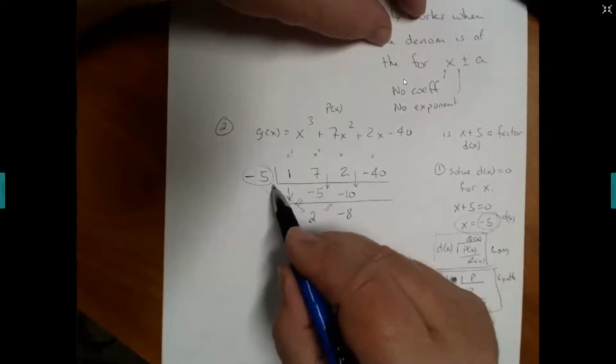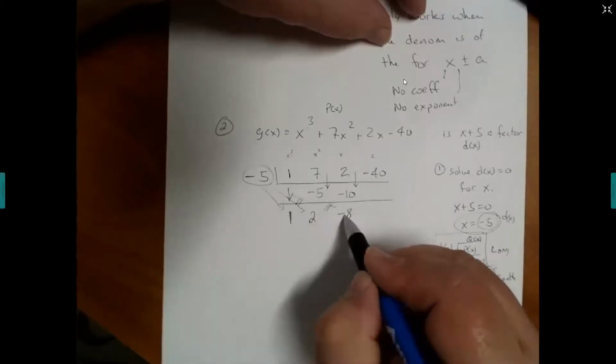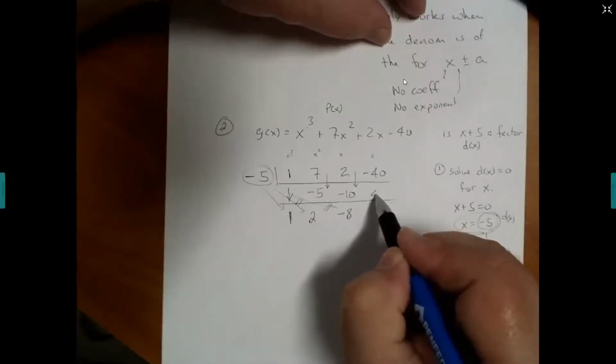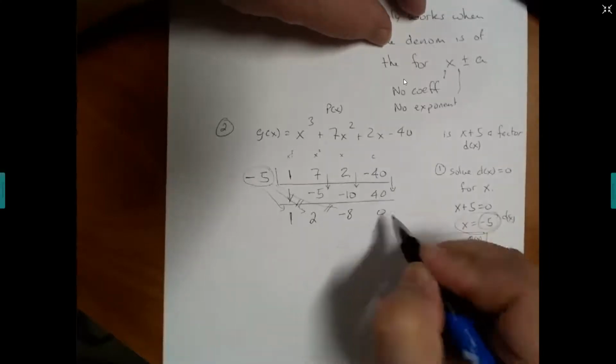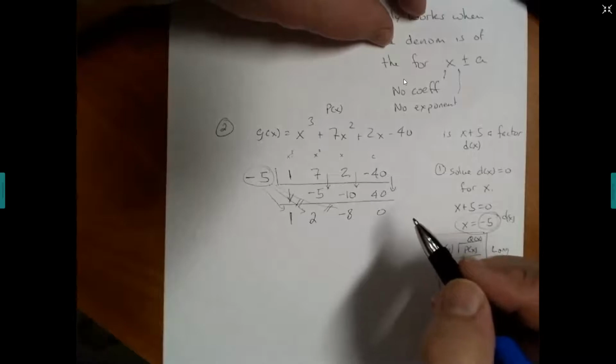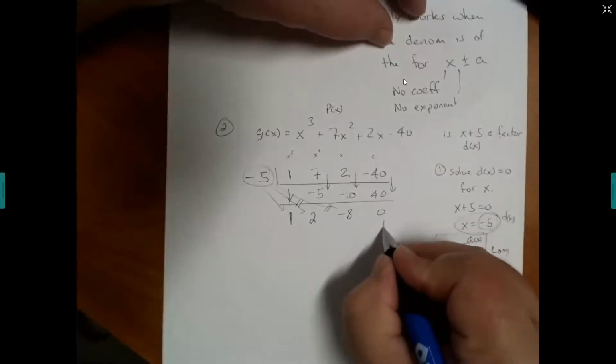And take this number, -5, negative times -8. Negative times negative is a positive. 5 times 8 is 40. And add. This is your remainder.